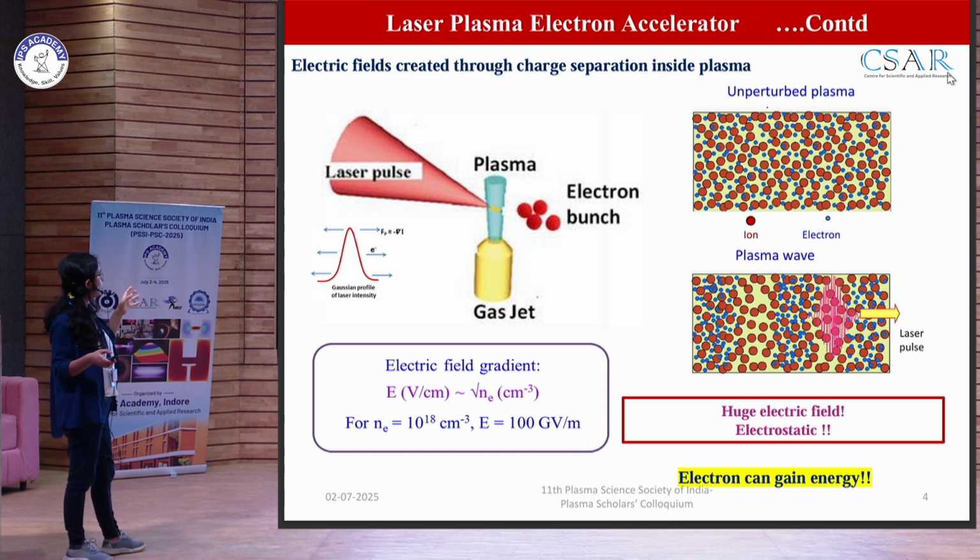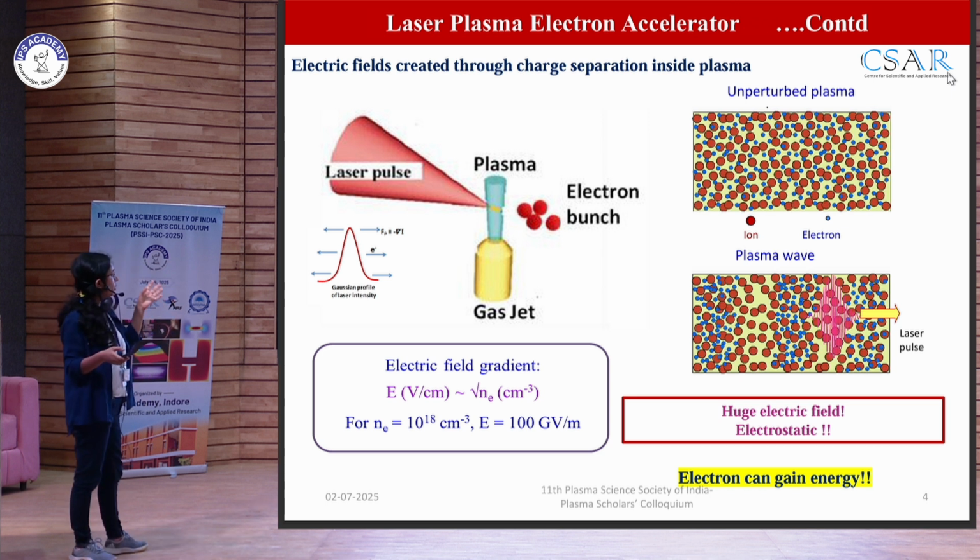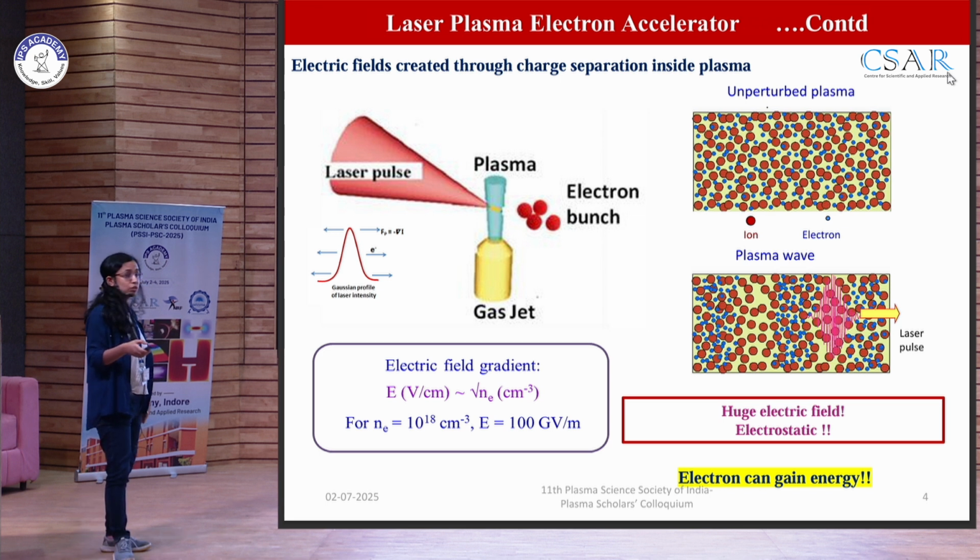Whenever a laser pulse passes through a plasma, it perturbs the plasma state by separating electrons and ions. Due to this electron and ion separation, huge electric fields are created. For example, for a plasma density of 10^18 per centimeter cube, the electric field will be 100 gigavolt per meter, which is huge. And that field will be electrostatic in nature.